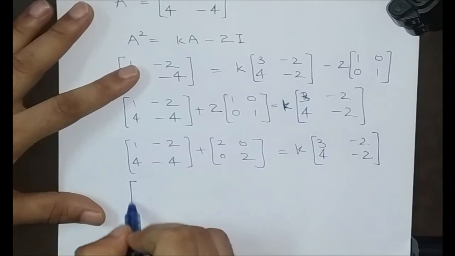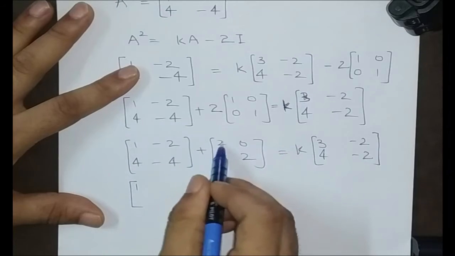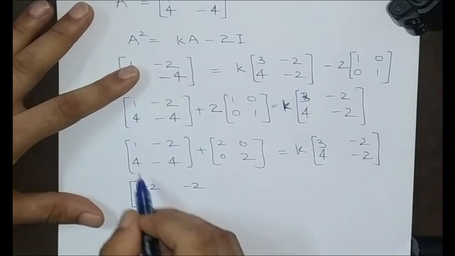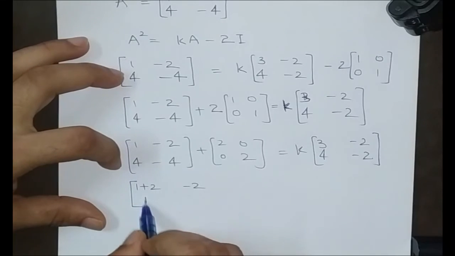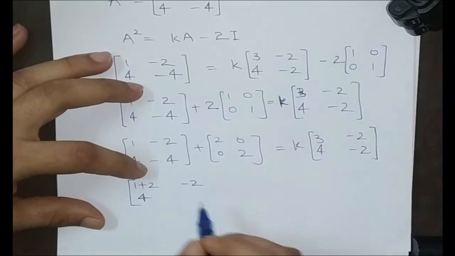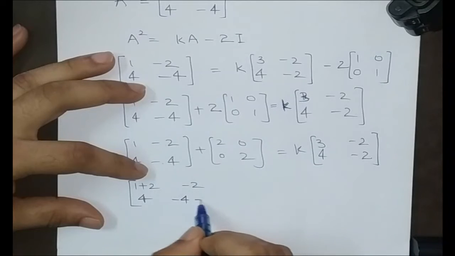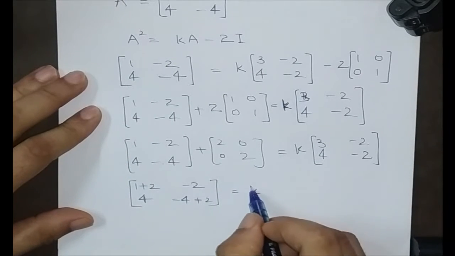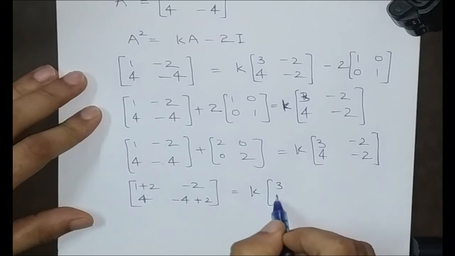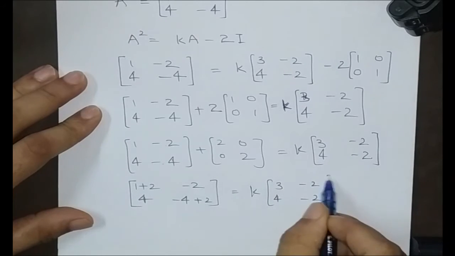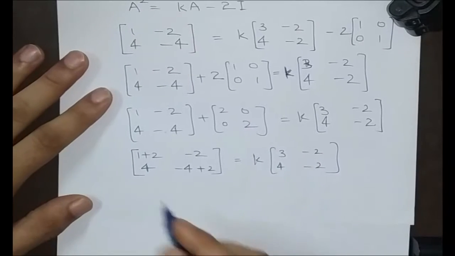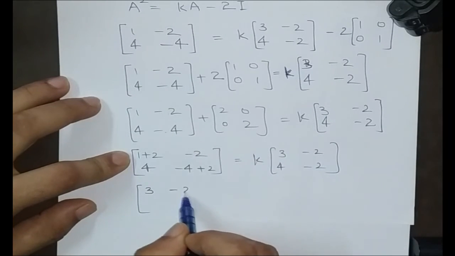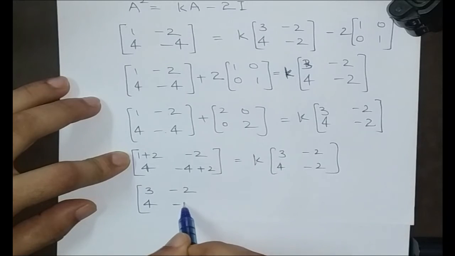It is further equal to [[1+2, -2+0], [4+0, -4+2]] equal to K times [[3, 4], [-2, -2]], and it is equal to [[3, -2], [4, -2]].